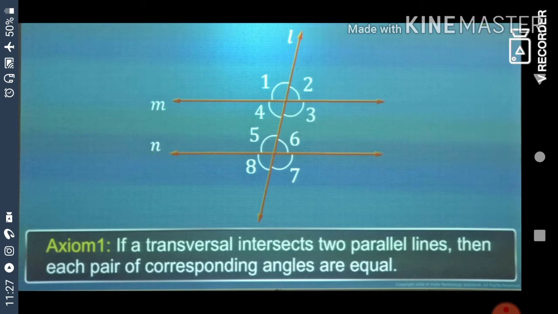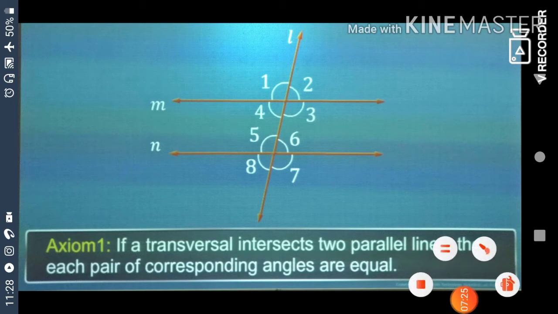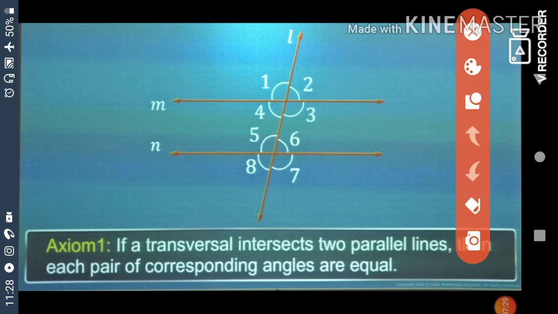So if a transversal L intersects two parallel lines M and N, then each pair of corresponding angles. Now we have already talked about corresponding angles. So what are corresponding angles here? Let's check. We can say 1 and 5. They are on the same side, but one is exterior, and 5 is interior. So they are a pair of corresponding angles.